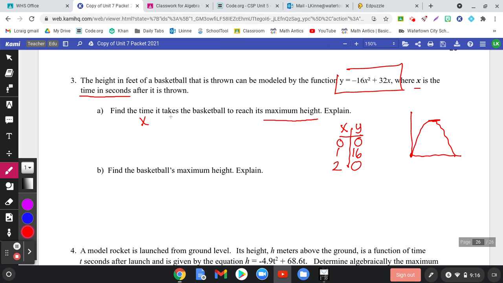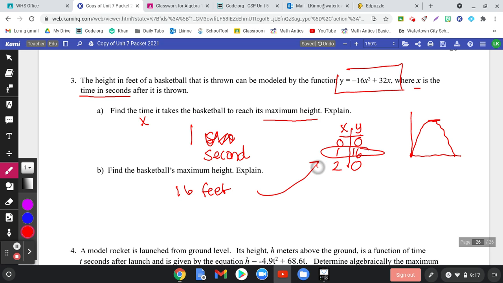All right, so find the time it takes the basketball to reach the maximum height. 1 second. Right there. There's your vertex. I definitely prefer writing on paper. Find the basketball's maximum height. Well, that's also in your vertex, 16 feet.